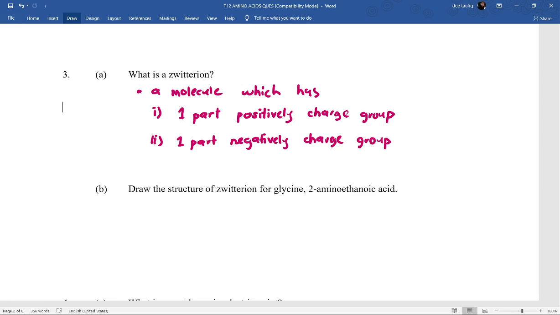Right? So, molekul ni dia ada dua-dua positive and negative charge. Ada sesuatu yang sama. But overall charge is equal to 0.